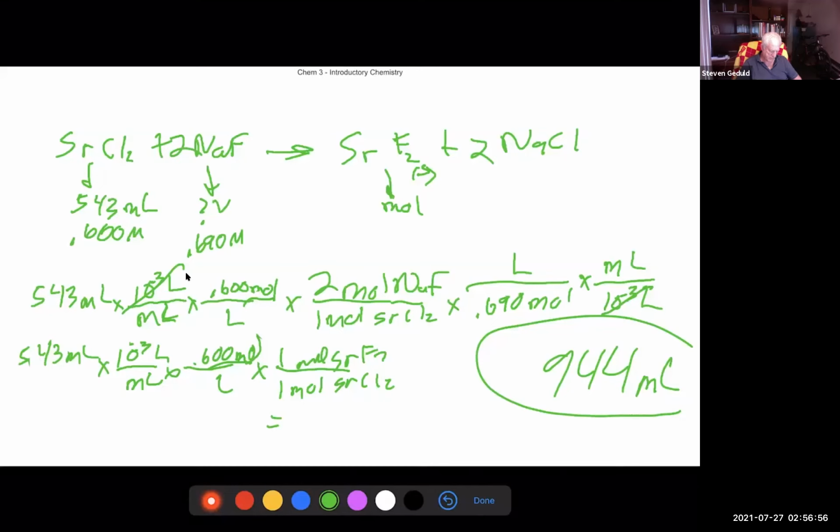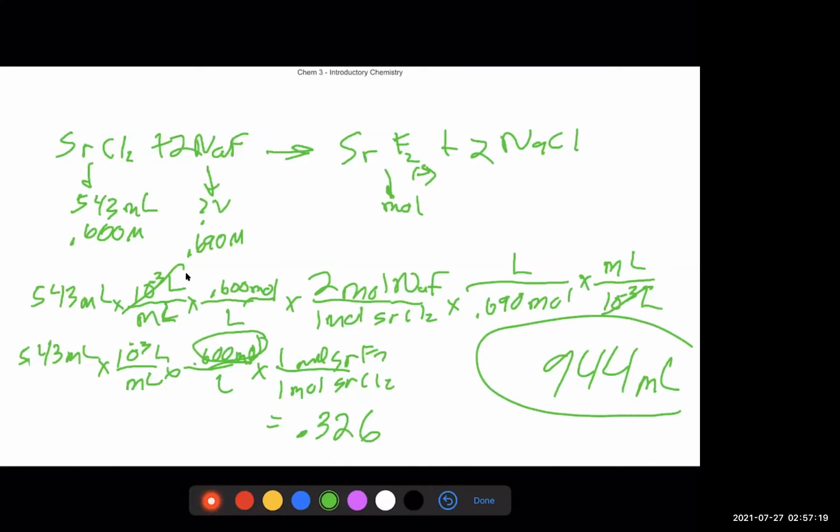It's 0.326 moles of strontium fluoride, because now we've just gone from moles of strontium chloride to moles of strontium fluoride. It's a one-to-one relationship. Does that make sense? Yeah, it does. Thank you. Oh, no problem.